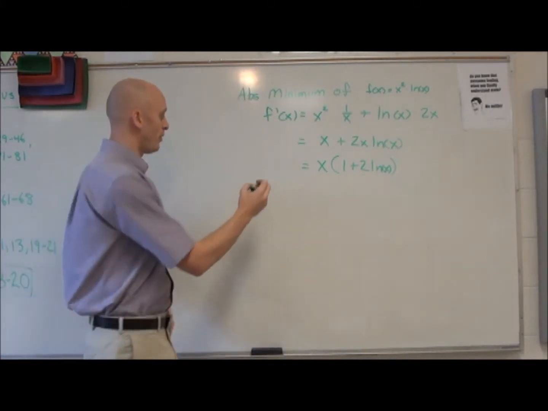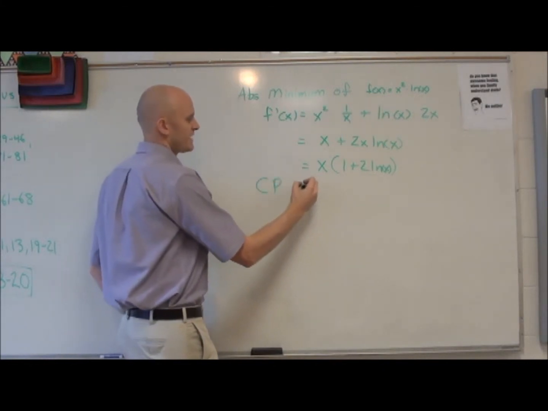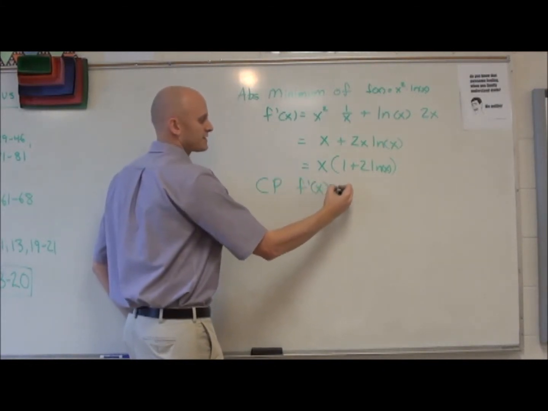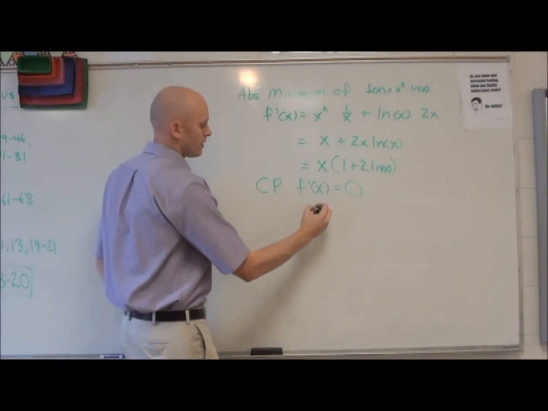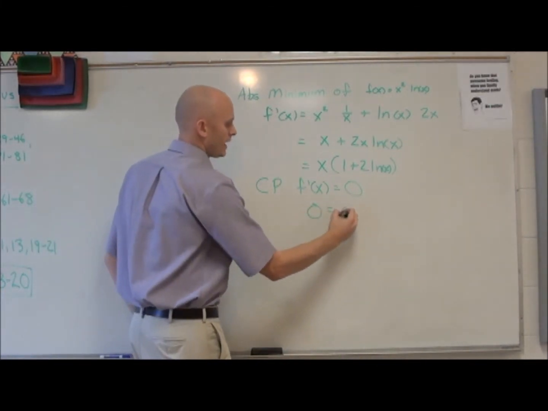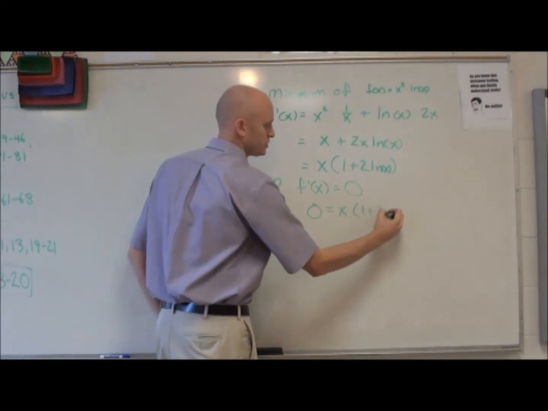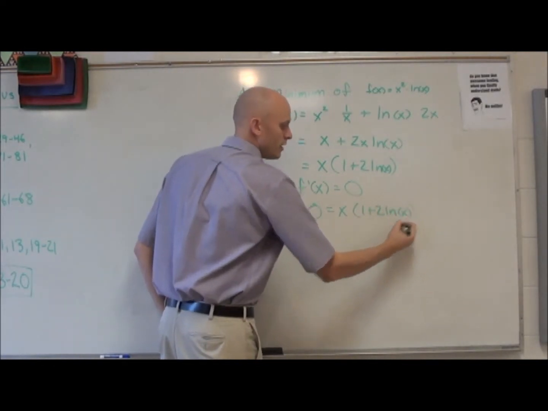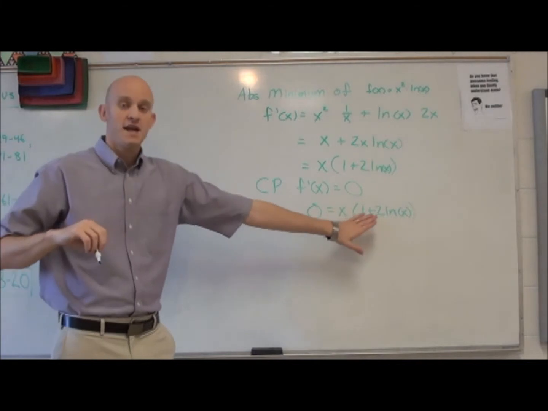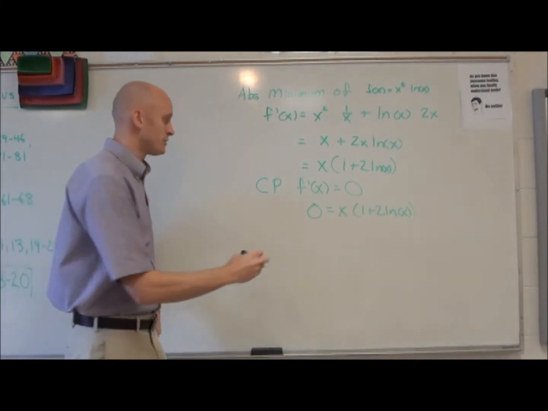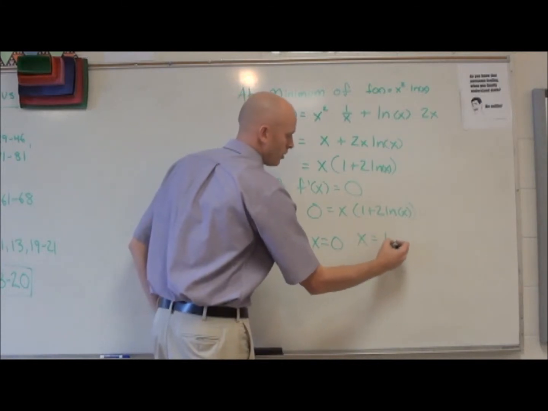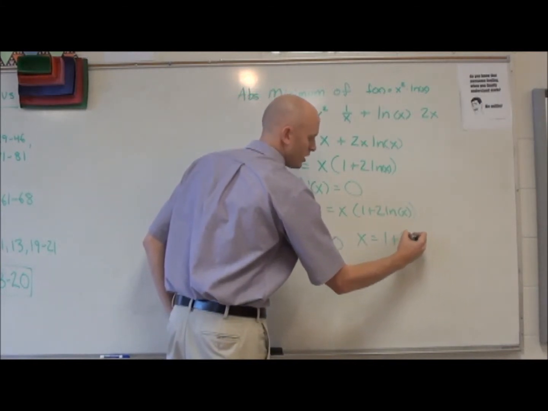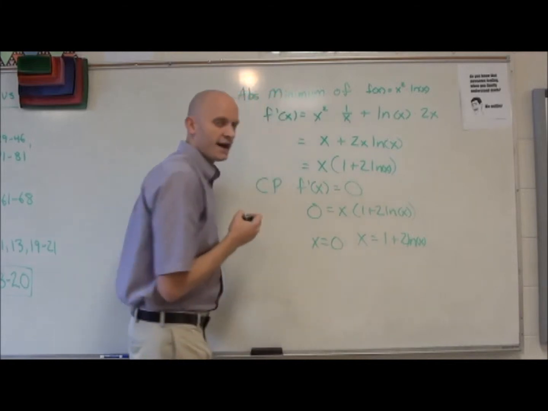To find critical points, we set f prime of x equal to 0. So, 0, we have x, 1 plus 2 natural log of x. Setting each factor equal to 0, and then we'll solve. So x equals 0, and 1 plus 2 natural log of x equals 0.